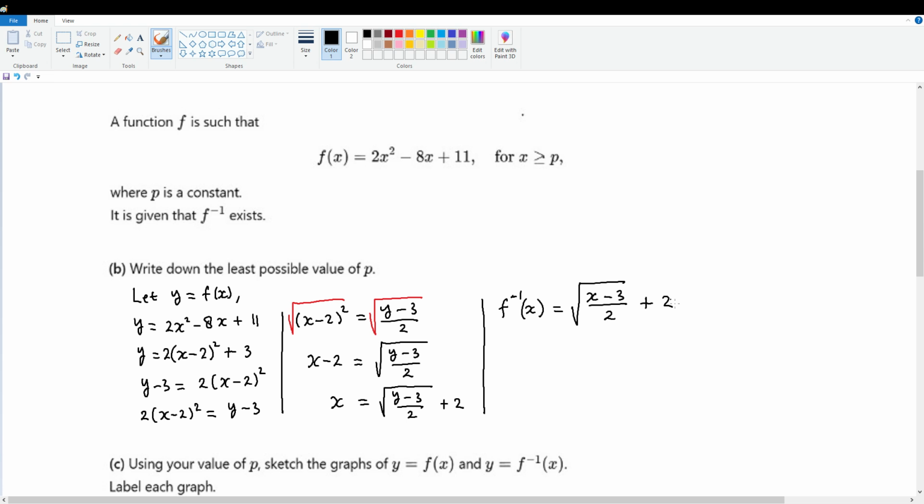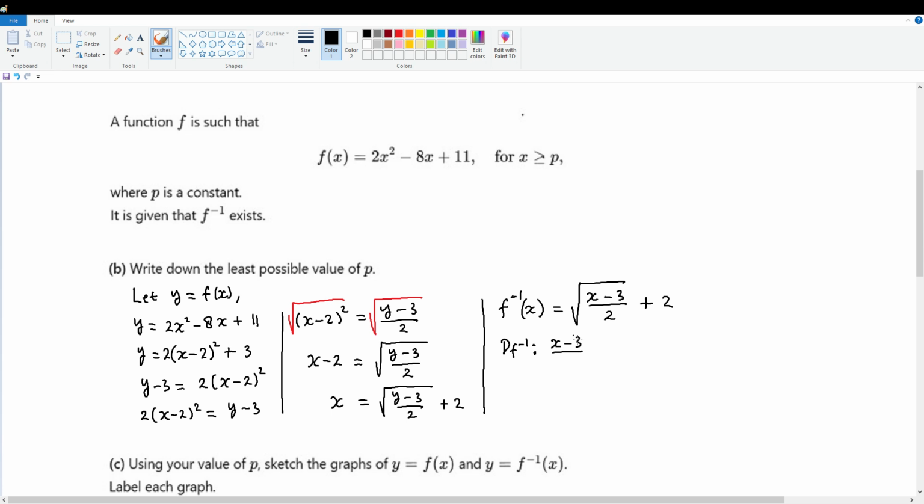Okay, and then we can see clearly that the domain of our inverse function here, the expression inside of this square root must be always positive or 0.